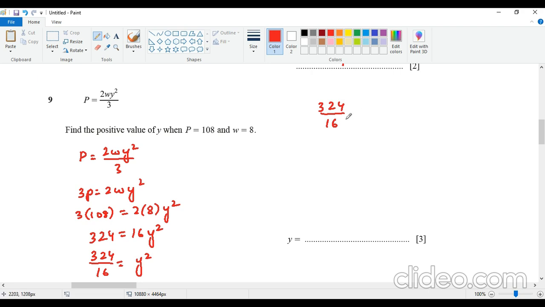We are going to solve this by dividing by 4. 4 times 4 is 16. 4 times 81 is 324 and 4 times 4 is 16. So 81 over 4 equals y square. You know very well the root of 81 is 9 and root of 4 is 2. So your final answer is going to be 4 whole 1 over 2, or you can say it is 4.5.